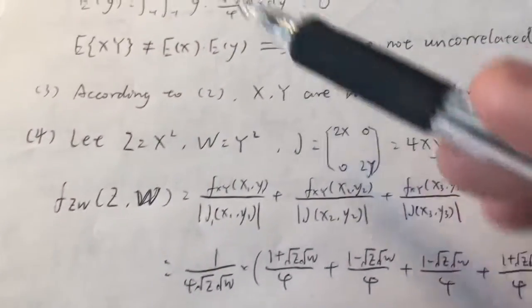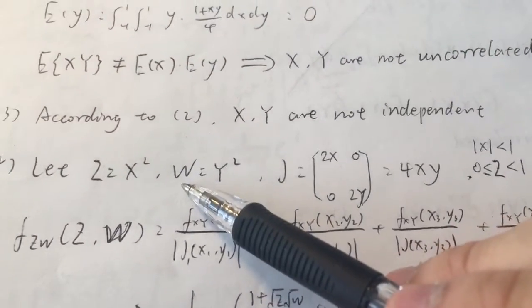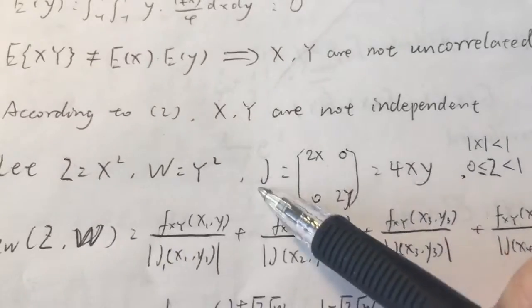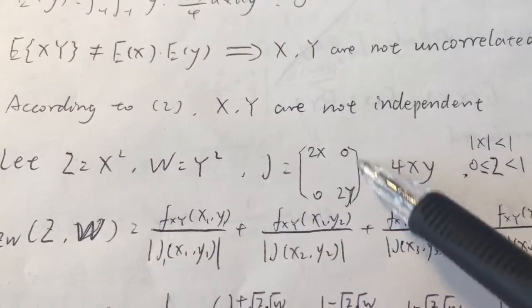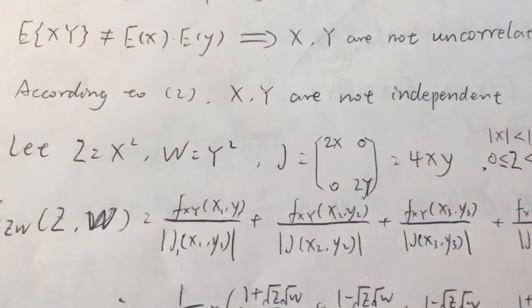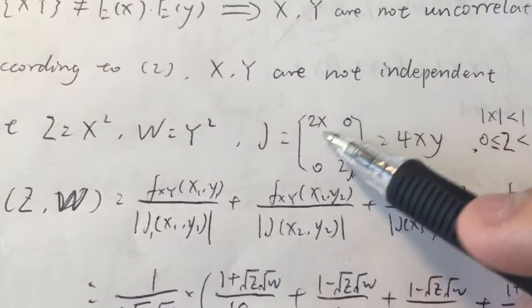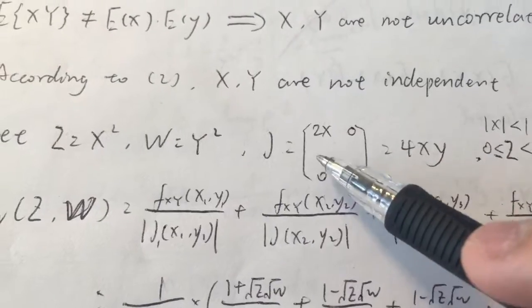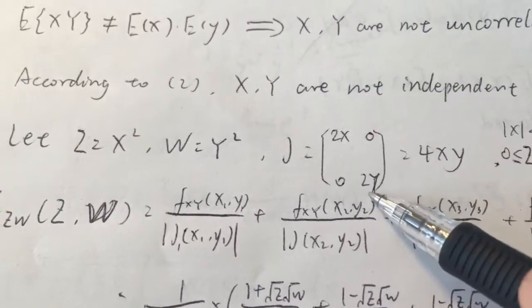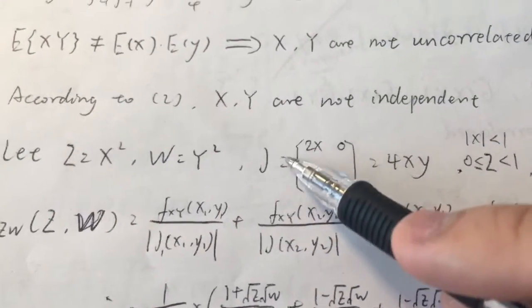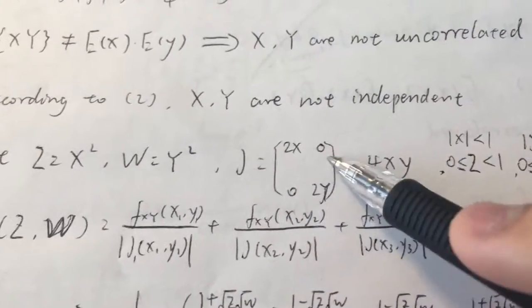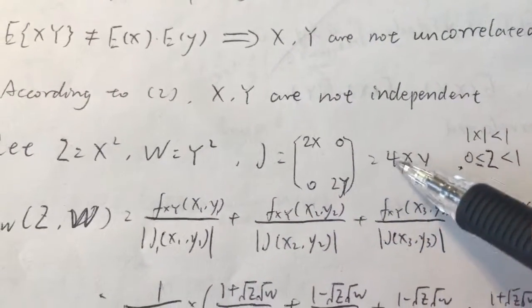Okay, so according to the definition, we have the Jacobian matrix, the partial derivatives of z and omega with respect to x and y, and we got the matrix. The matrix is this, and J equals 4xy.